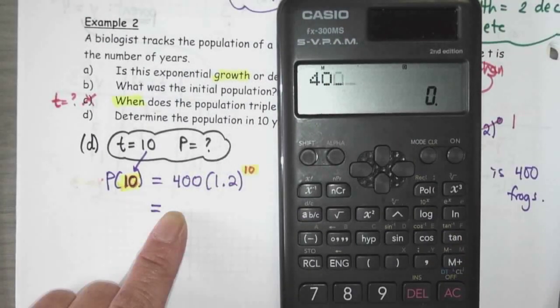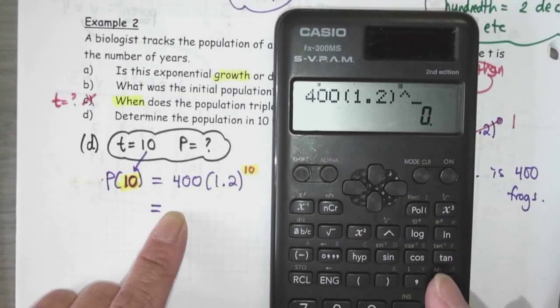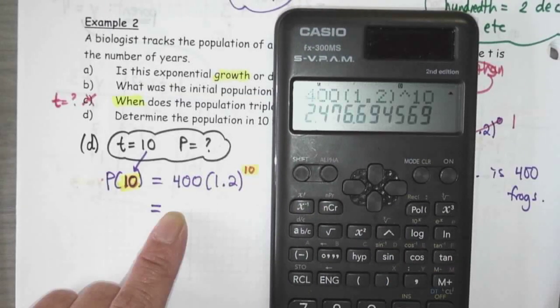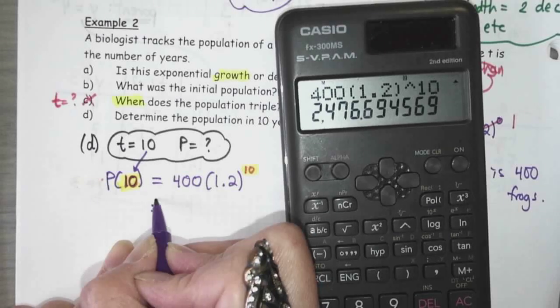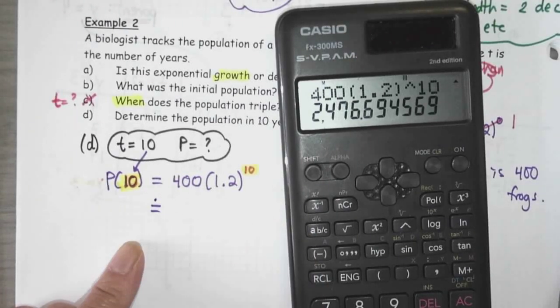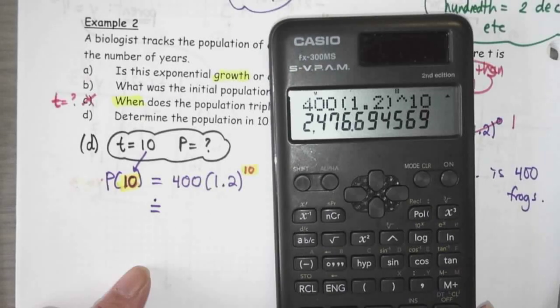So 400, and this will be bracket 1.2, and then look for your arrow up button to the 10 and give that to me. So I'm getting approximately, now it's frogs. So I'm going to go with a whole frog, no half frogs, no partial frogs. Let's round down. Realistically, you should not probably round up.